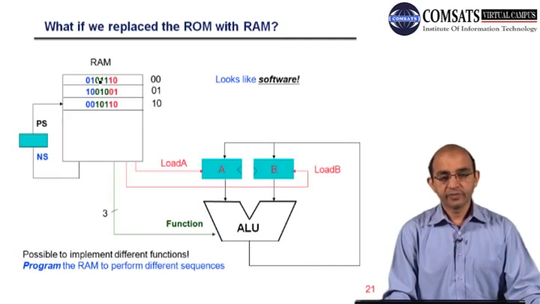So normally whenever we load a program from the hard disk, that program is loaded into the RAM, and then from RAM the instructions are fetched and we perform certain operations or functions, and so on and so forth. So it looks like software.